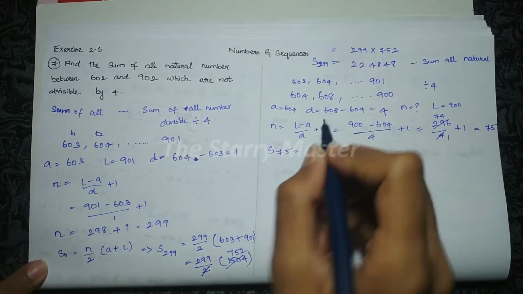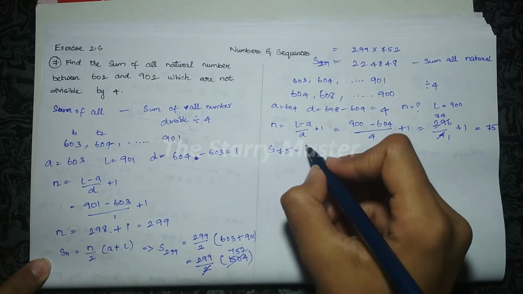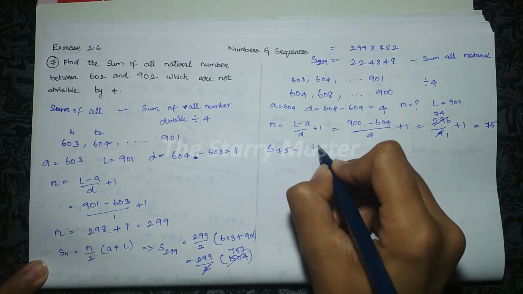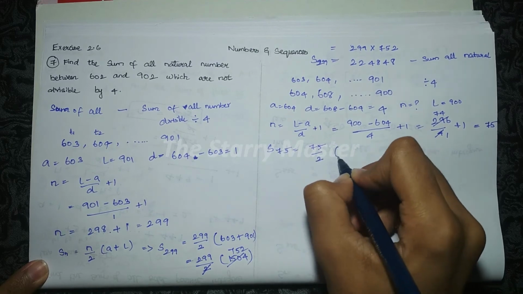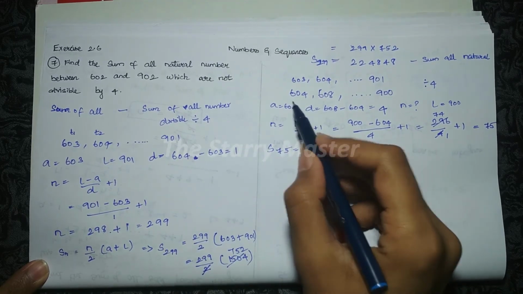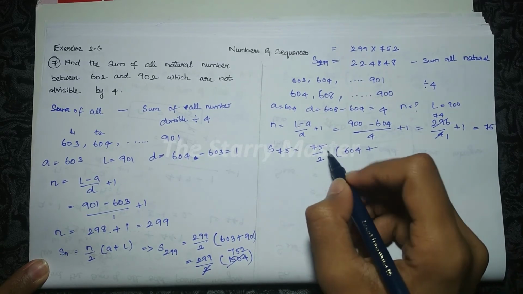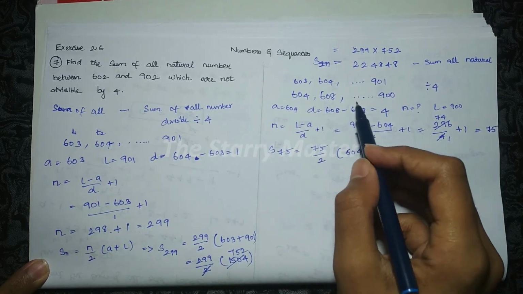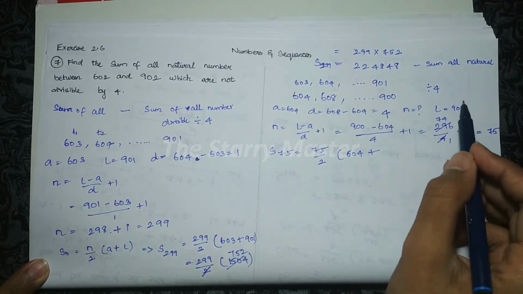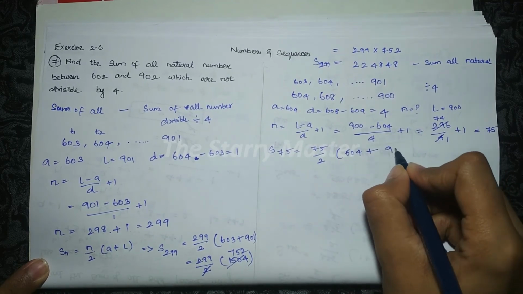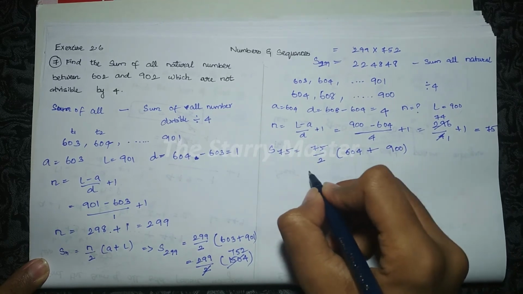By using this we will find S75 using the formula. S75 is equal to 75 by 2 into the value of A, 604, plus the value of L, 900, which is the last value.